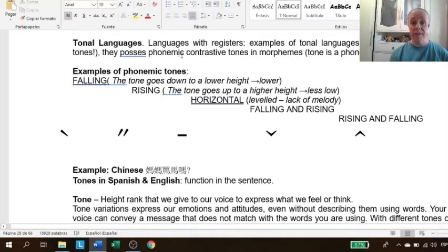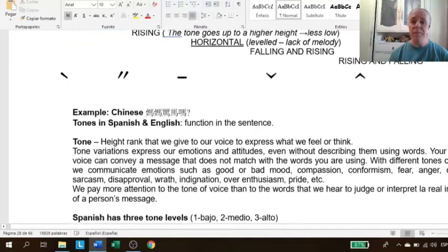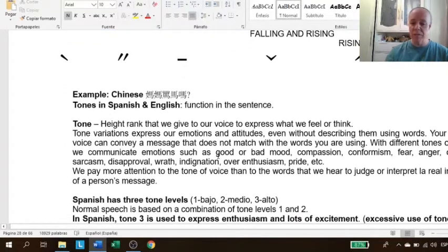They possess phonemic contrastive tones in morphemes. And there are falling tones, rising tones, horizontal tone, falling and rising tone, rising and falling tones. And they make a difference. They are phonemic. The most typical example is the Chinese one.